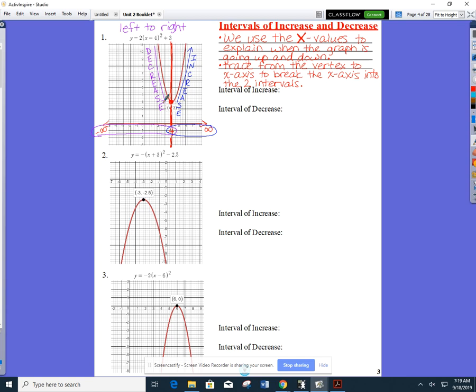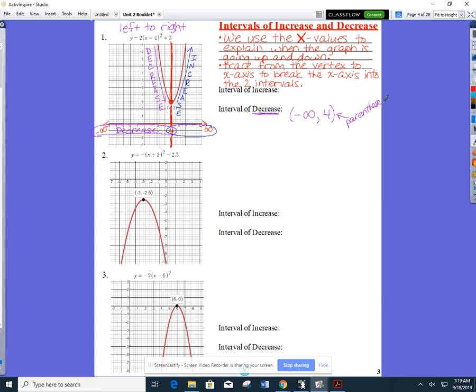So there's our decrease, which goes with this interval. And the way we're going to write this is the interval of decrease. So it goes from negative infinity till we get to 4. But I need to use a parenthesis here, not a bracket.